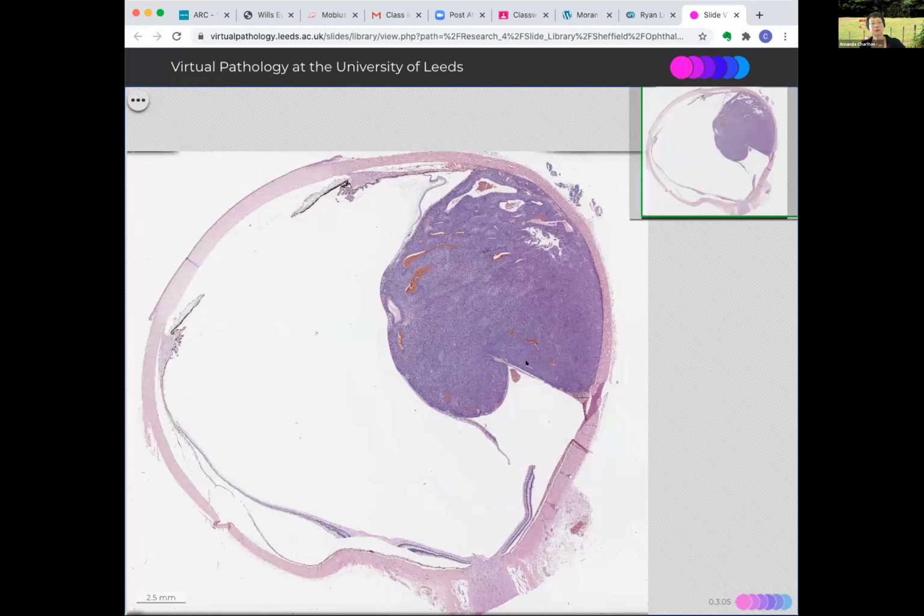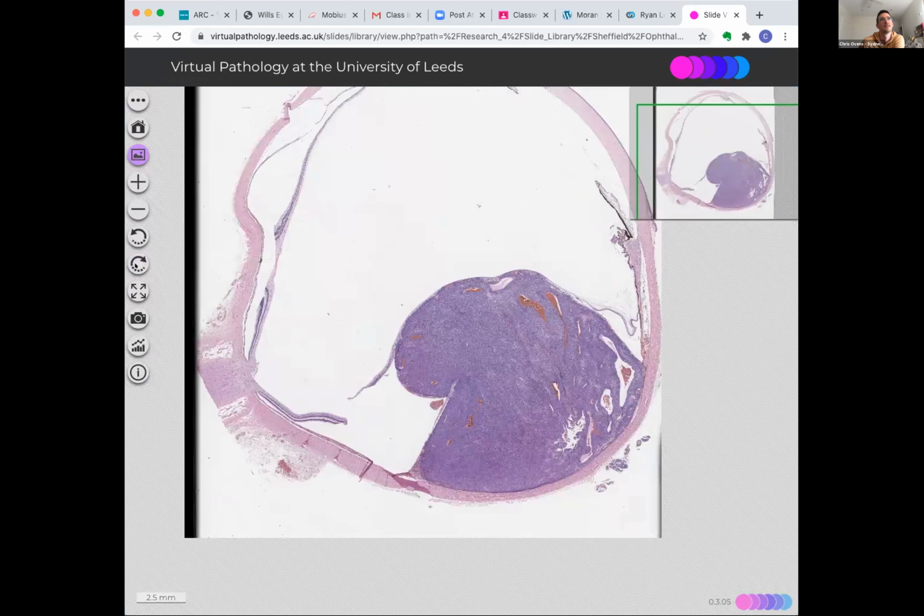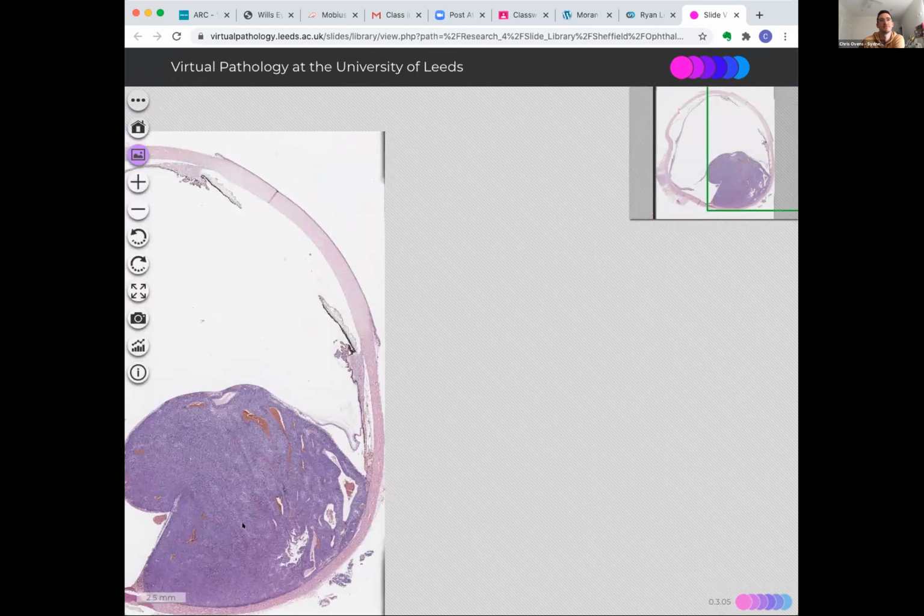If you click the 3 dots in the upper left, it'll bring up the menu. Now we can rotate the tumor so that it's lined up more closely to the ruler at the bottom. Click that to rotate it. There we go. Then you pick up the slide and put it on top of the ruler. So it's clearly bigger than 2.5 millimeters, like 5, 10, all that.